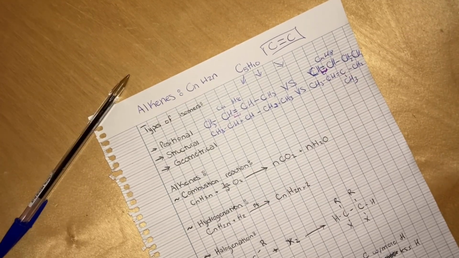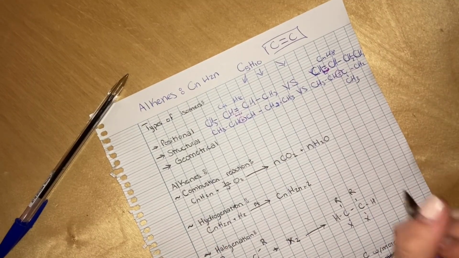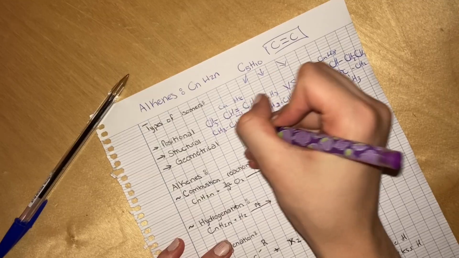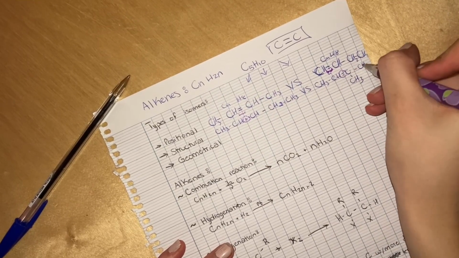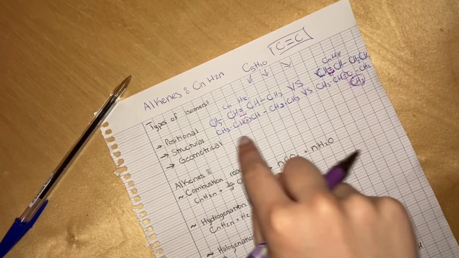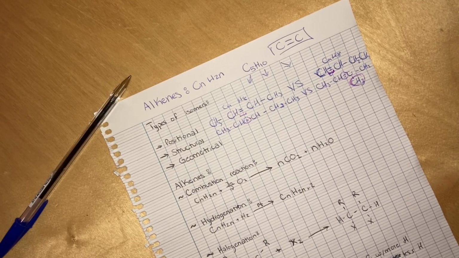So here you can see the location of the double bond is the same, which means it's not a positional isomer. However, here there's 1, 2, 3, 4, 5. It's a long chain. Here there's 1, 2, 3, 4 with a fifth one hanging down. That's a structural isomer. The look of this is different than the look of this. There's a different number of branches, or the branches are in different locations.